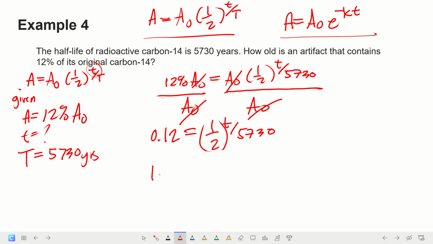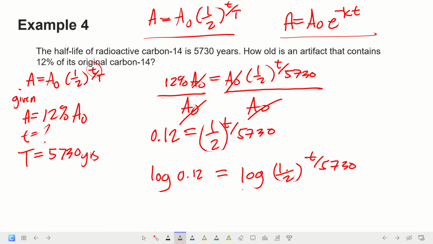So, log of, you can use natural logarithm or just the common logarithm. So, log of 0.12 is equal to the log of 1 half raised to t divided by 5,730.